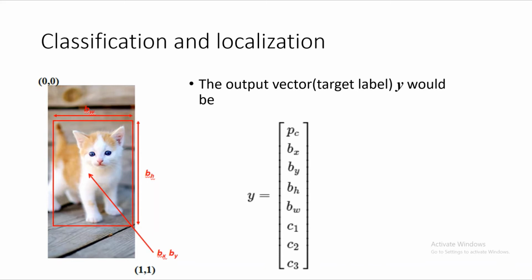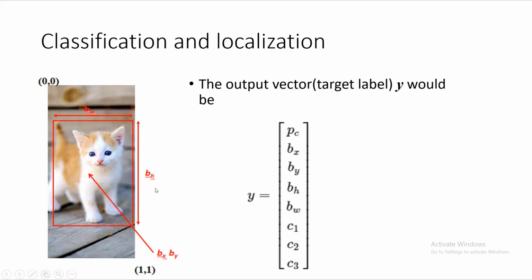In this particular example, BX might be around 0.5, and BY might be around 0.5, as we can see here. These are almost at the center of the image.